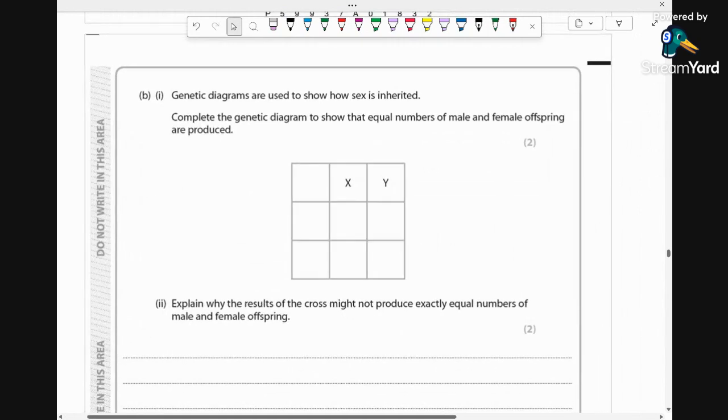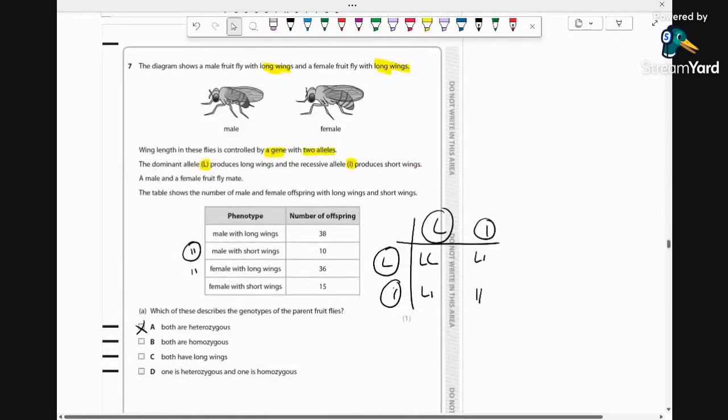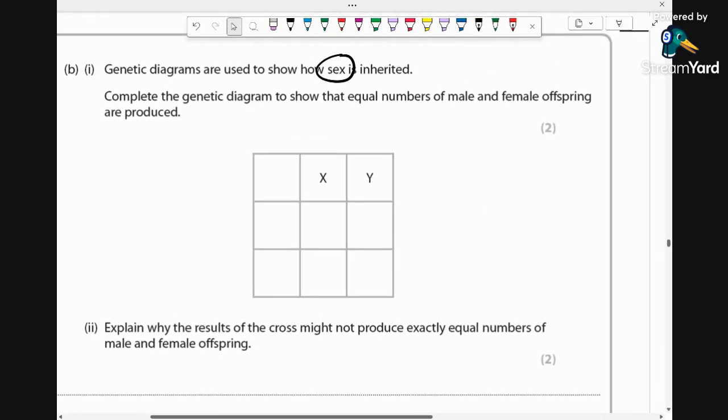Genetic diagram, it shows sex linkage. No, sorry, how sex is inherited. Yeah. So complete genetic diagram to show that equal numbers of male and female offspring are produced. We're not told about X and Y's, so we can assume that it's the same as humans. So X and Y is male, X and X is female.